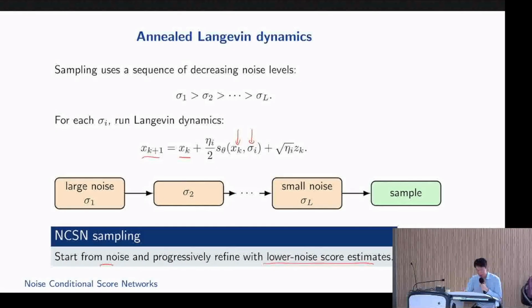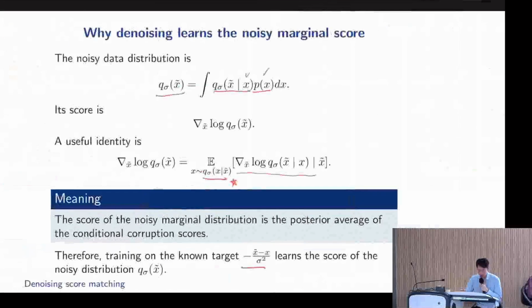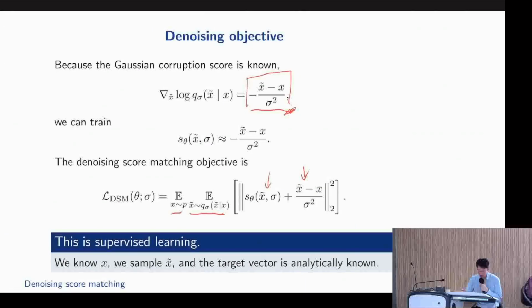So why is it denoising? Because we trained the score network with the target, this guy here. What is this guy? That's the score of the one-step corrupted image.